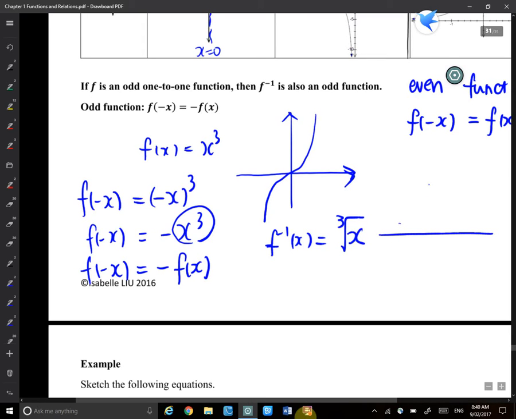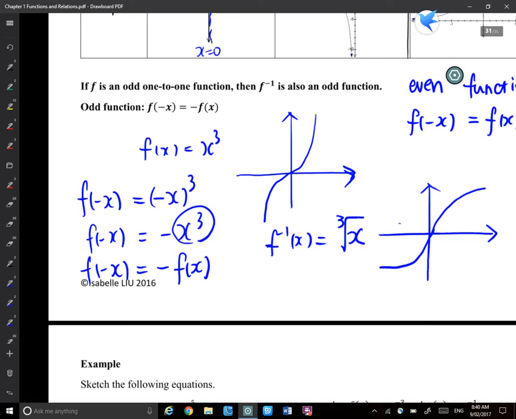Think about what the cube root function looks like. That is a one-to-one function as well, and it is an odd function as well. So it is a one-to-one odd function. That's what this line is talking about: if you have a one-to-one odd function, your inverse must be a one-to-one odd function as well.